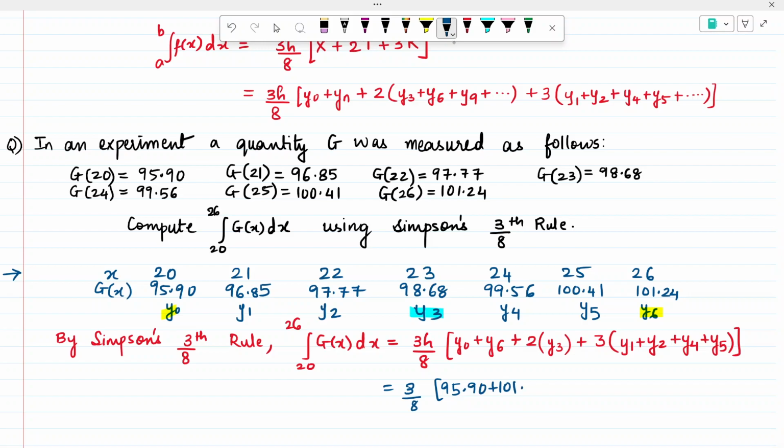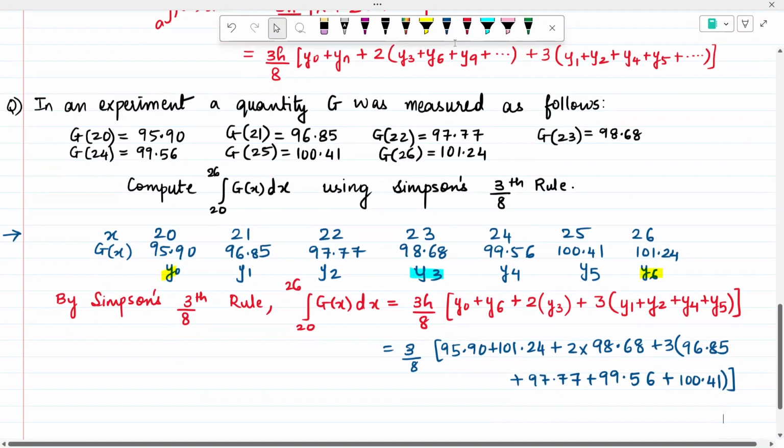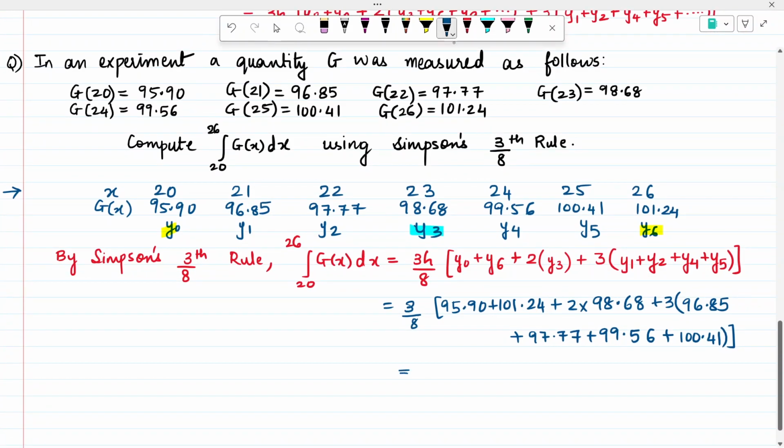In place of y6, 101.24. 2 into 98.68. 3 into the addition of the remaining: 96.85 plus 97.77 plus 99.56 plus 100.41. Come on, do the calculation and tell me what you are getting here. Use your calculators and tell me the answer that you get.